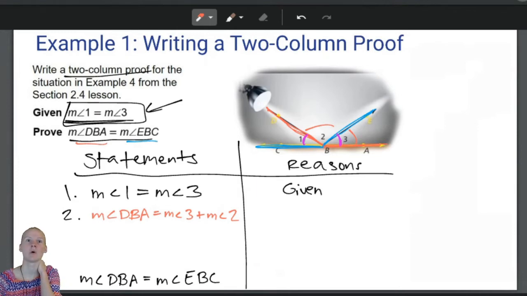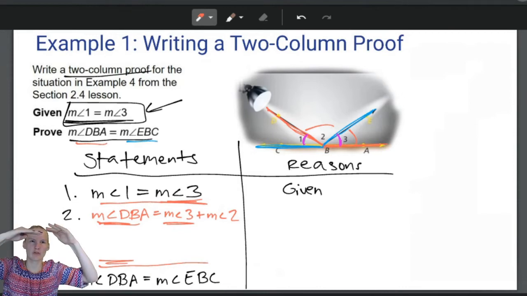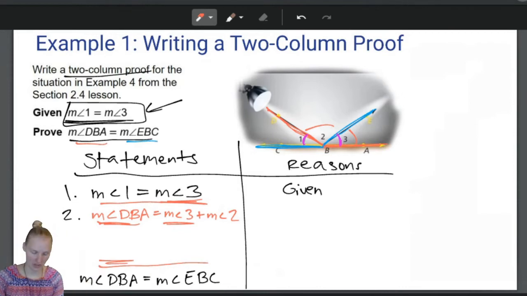Okay, cool. So now I'm starting to see a connection. See how here I have angle 1 and angle 3, down here I have DBA and EBC, and then look at step number 2. I have measure of angle 3, I have part of the first step in here, and I have part of the last step in here. So you can see how you're connecting the two. We're going from step number 1 to the last step.